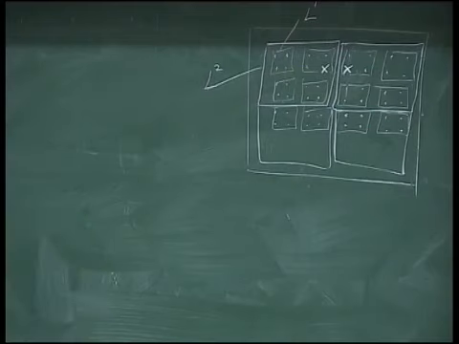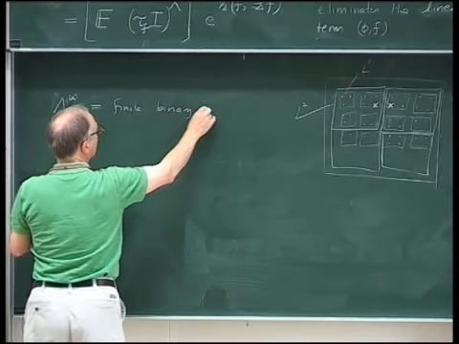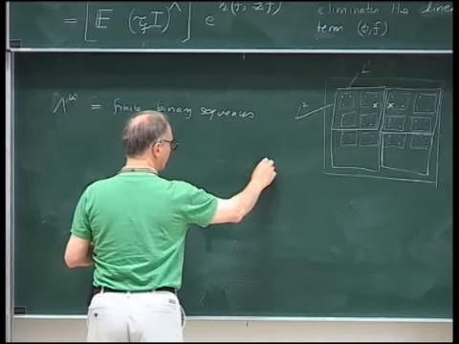Now, here's just to write it out rather carefully what the example will be, and then I should quit. Take L infinity to be finite binary sequences. I'll draw a picture of it first.